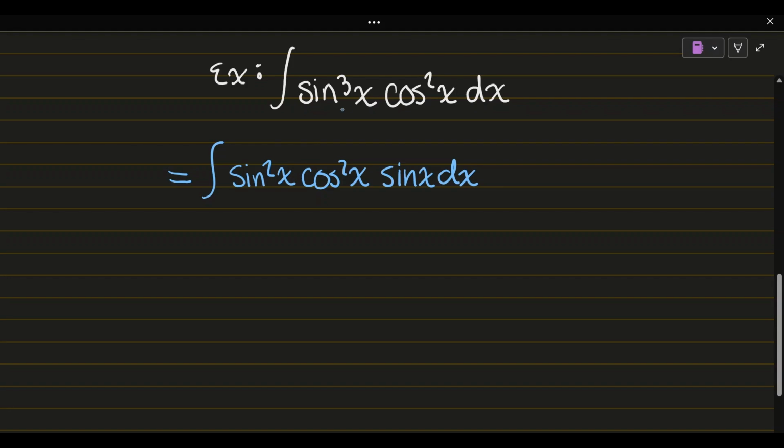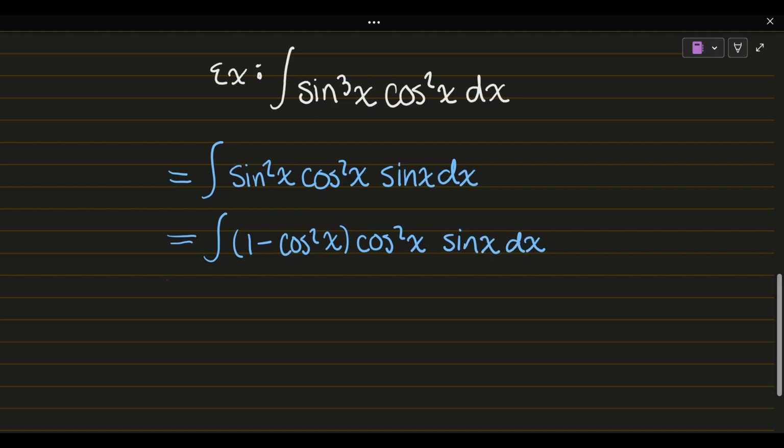I just split this sine cubed up into two parts, because I can take advantage of the identity that sine squared x is 1 minus cosine squared x, and I have cosine squared x and then sine x dx.